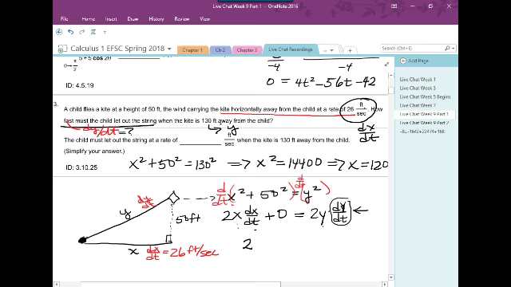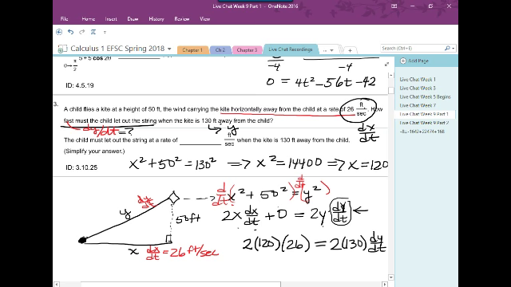So we're going to have 2 times x, where x was 120, we just found, times dx/dt, which is 26, that was given to us, 26 feet per second, equals 2 times y, which y was given to us to be 130, times dy/dt, the unknown that we're looking for.